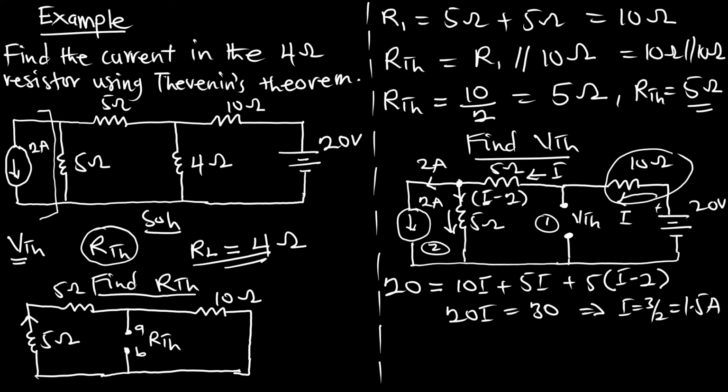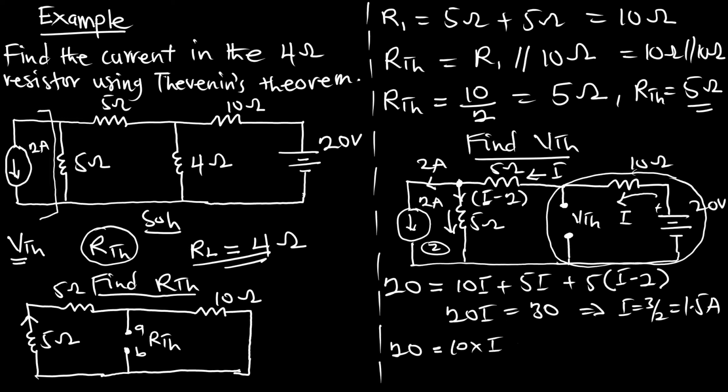So we are also going to use an idea here to find our VTH. Please pay attention and you will get it. If we assume this part as a loop, then we can also make the analysis that this 20 volts is equal to the voltage drop across the 10, which is 10 multiplying by the current I, plus the voltage drop across this part, which is our VTH.